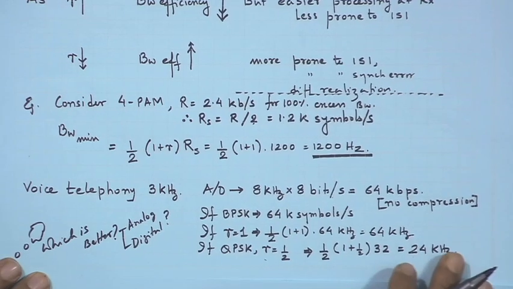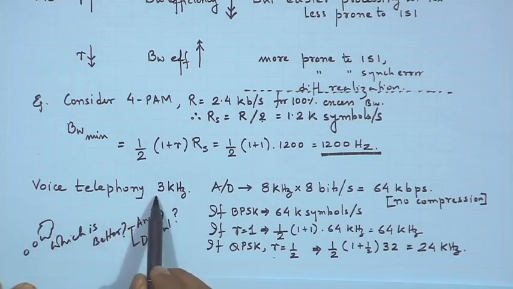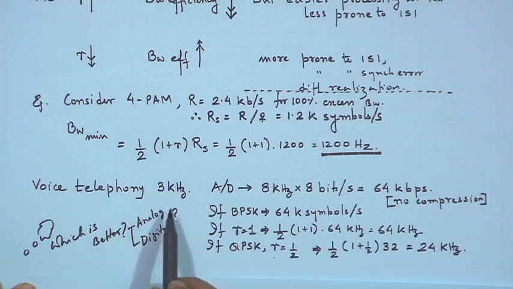So, the question that I would like to ask you, or keep you pondering over, is whether transferring 3 kilohertz voice using analog communication is better than digital communication. Why do I ask this question?